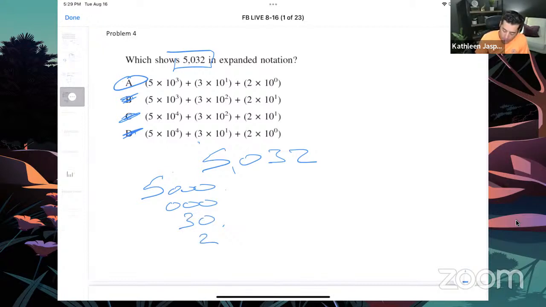Well, you take 5 and you multiply it by 10. How many times? You just count the zeros. 1, 2, 3, 5 times 10 to the third. So again, I can eliminate these right here because 5 times 10 to the third is 5,000. The zeros, right? It would be 0 times 10 to the second, but we don't do that because it's just 0. So we leave it blank.